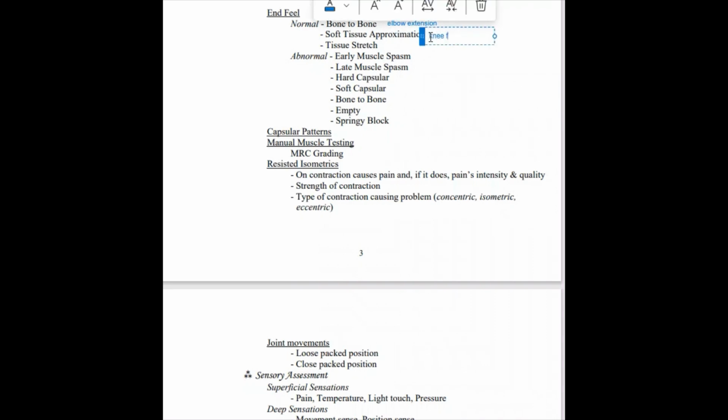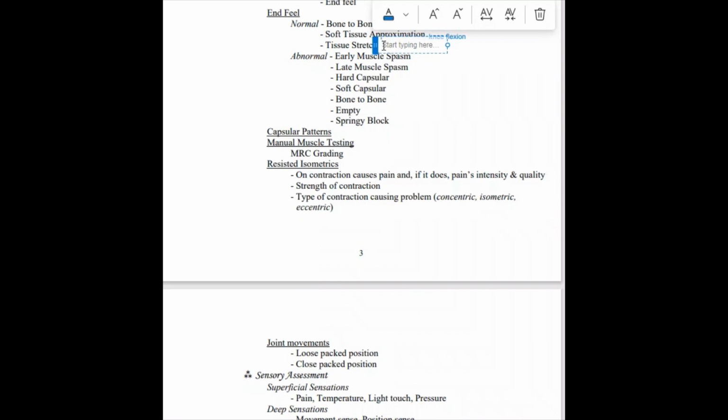Okay, I will recommend you to read David Magee for this. It's very beautifully explained in the David Magee book about the end feels. There is a table mentioned in the book, and the normal and the abnormal end feels are given over there.